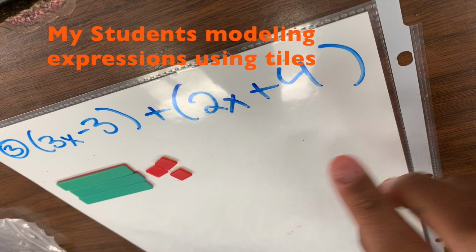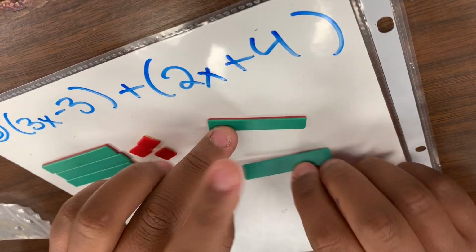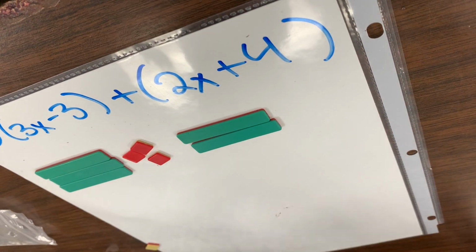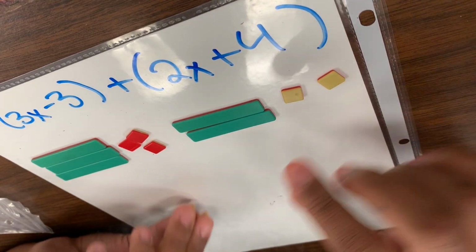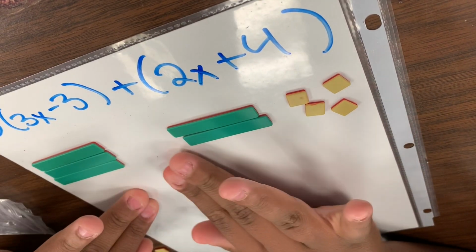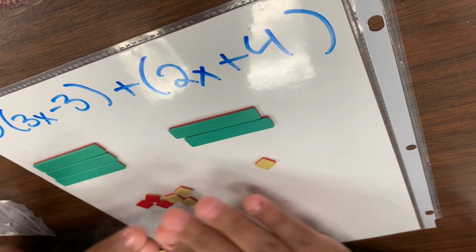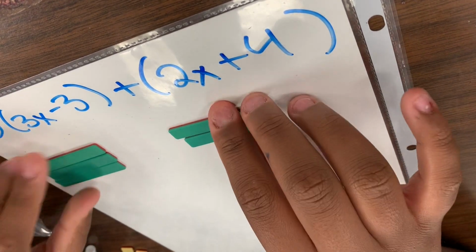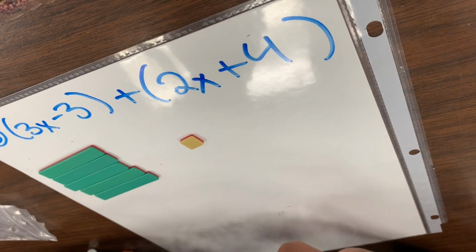So we're going to put also 2 x tiles plus 4 positive tiles. Okay. So now we're going to look at our 0 pairs. So we have these and these. If we take 3 of these and 3 of these, then now there's only 1 of these left. So it's 5x plus 1.